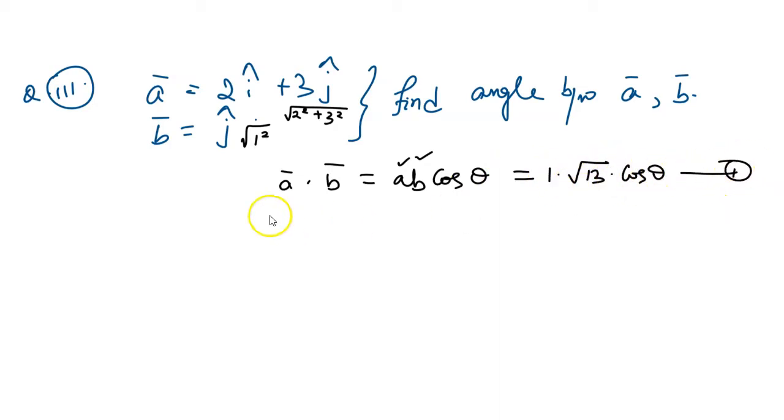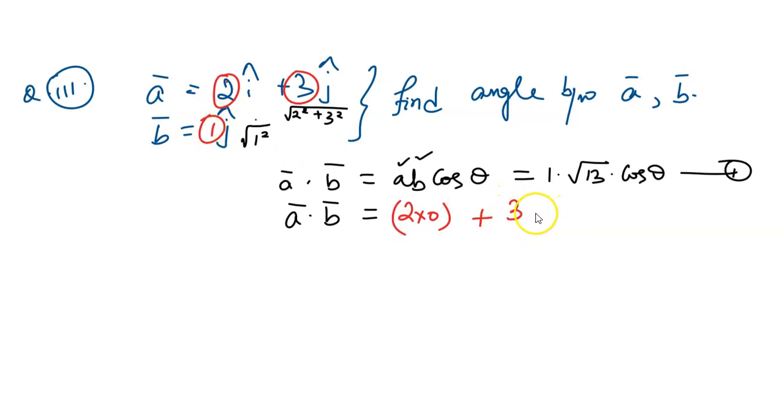That's one way. Another way to find the same dot product is by multiplying their coefficients together. So coefficient of i in A is 2. In B there is no coefficient, so 2 into 0 plus 3 into 1, that is 3.